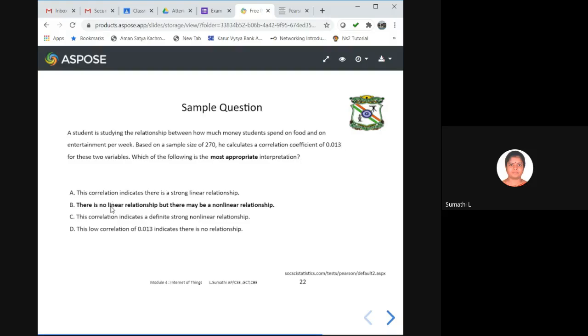So you don't have a good linear relationship, but there may be a non-linear relationship. You are not familiar with non-linear yet; I will explain what is linear and non-linear in the next class. For now, with this minimum value, you know that they don't have a strong linear relationship.